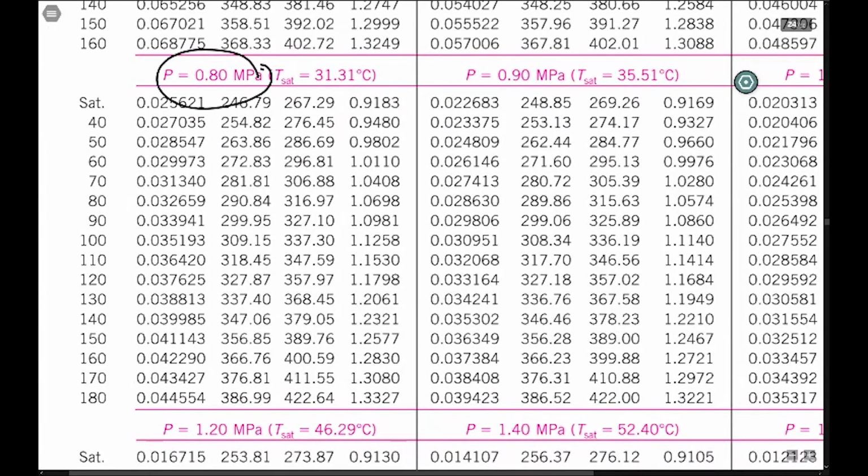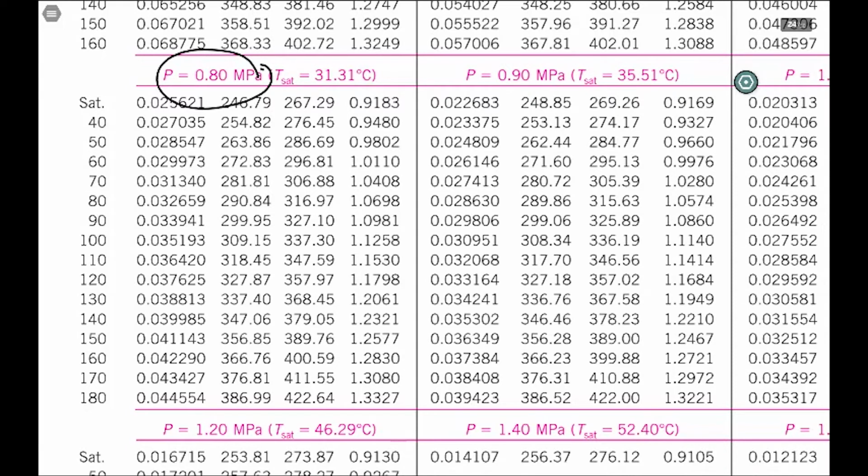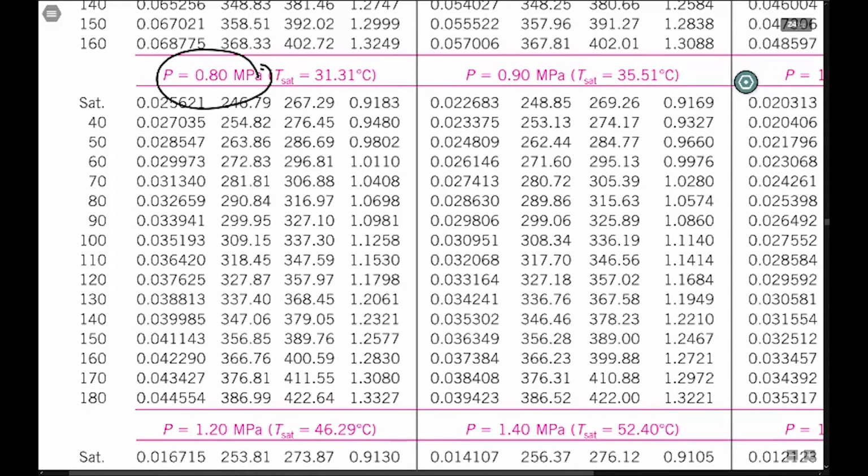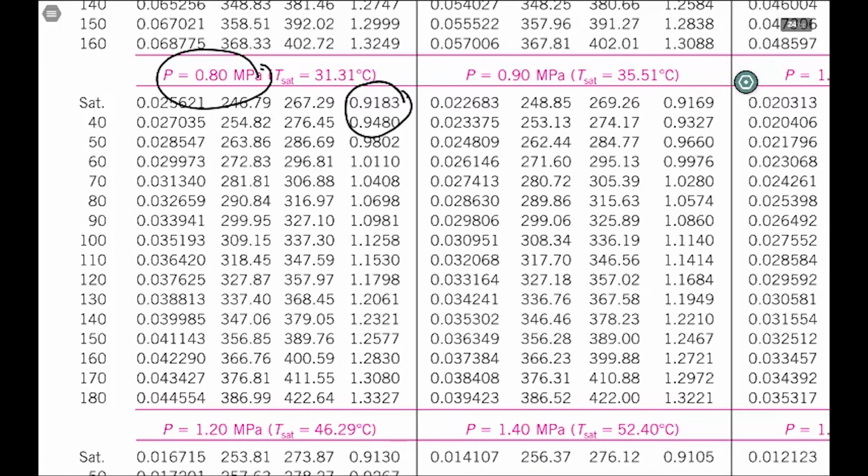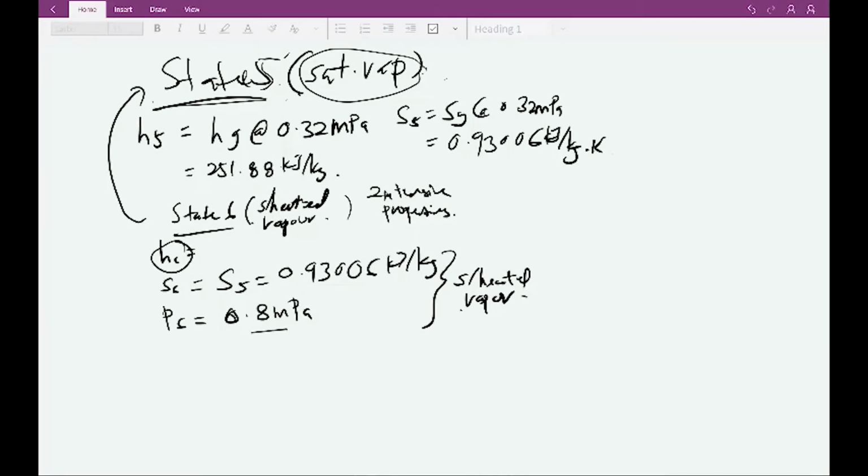Then compare or search for your entropy value, which is 0.93006. It is located between 0.9183 and 0.9480. Same procedure, we need to interpolate, but this time I will not show you how the interpolation process is done.